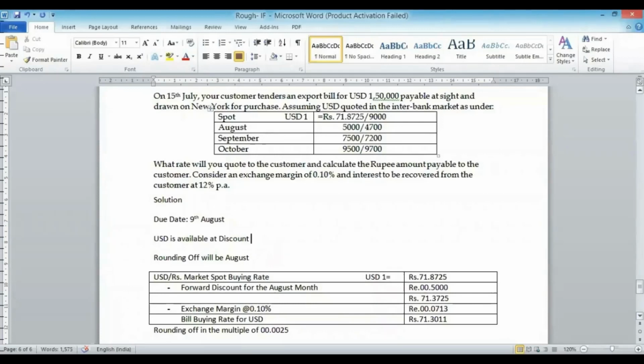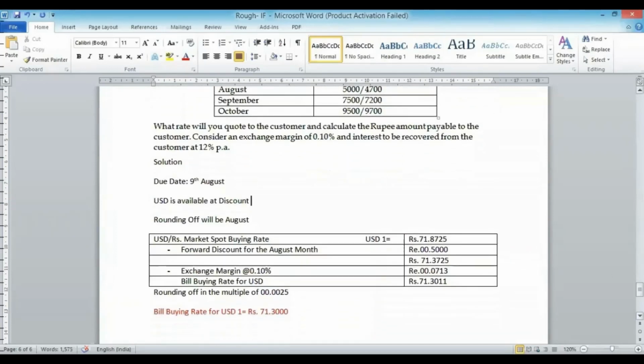Moreover, the exchange margin which the bank is charging, I already told you, exchange margin is going to incur the expenses, the risk, and a small amount of benefit. But the bank is also going to charge an interest for 25 days because bank is making the payment before 25 days. So for this 25 days, bank is going to charge an interest, and the interest has been given as 12%.